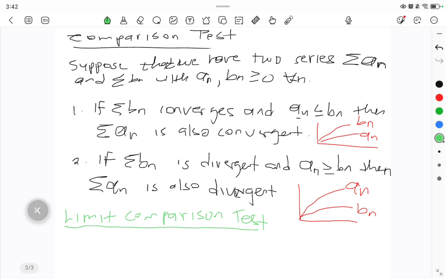We suppose, here the only difference is that, remember here you suppose that both an and bn are greater than or equal to 0. Here bn cannot be equal to 0, so we must restrict that.